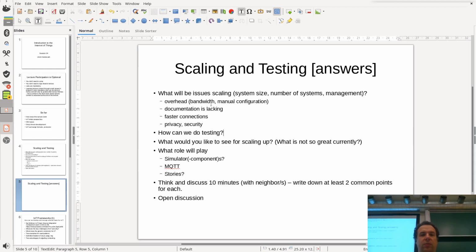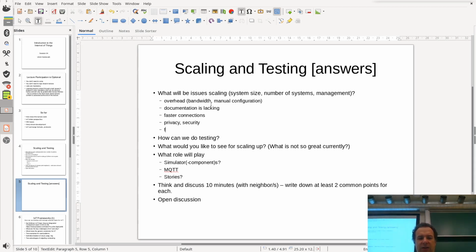Okay, anything else, other issues? Finding defective devices, especially inside an integrated system, yeah? Because there was a point raised back there too.